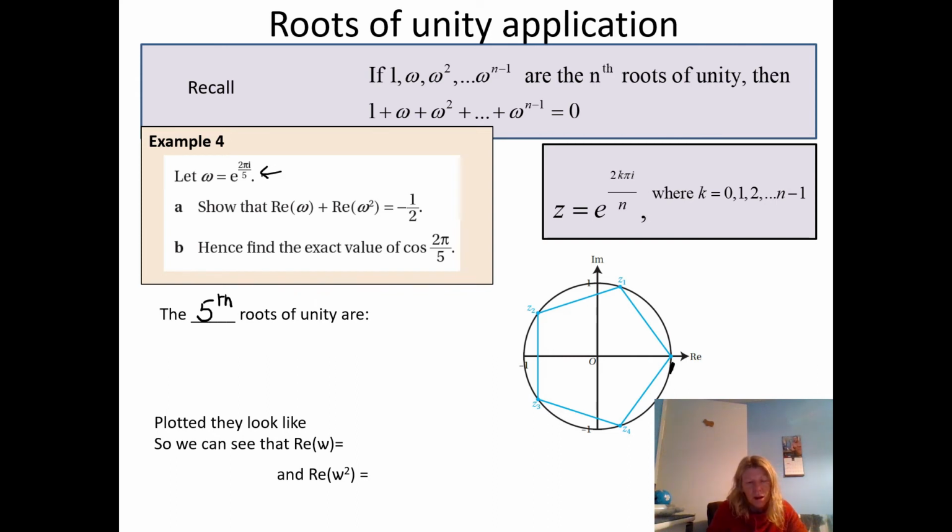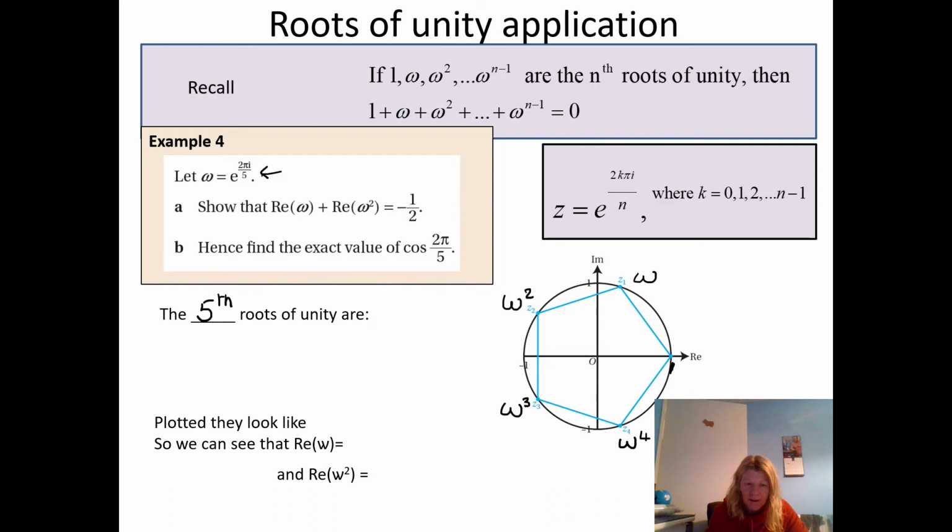Anyway, so the plots look like that. And if we were to put the labels on, I've just labelled one, haven't I? But we've got some other labels here. This one would be omega. This is omega squared. This is omega cubed. And this is omega to the power 4.